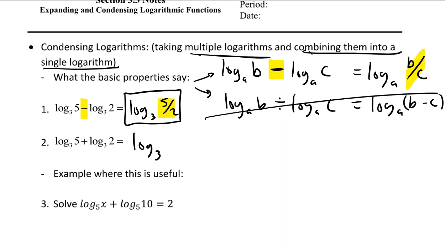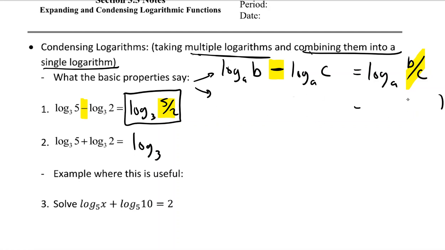That's not true. You can't just switch those. If it's subtraction separating multiple logarithms, it condenses into division. But division is not a type to condense. So that one doesn't work. So be careful thinking that it works both ways.